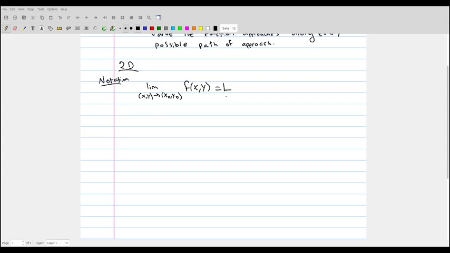And if the limit does not exist, we just say that the limit does not exist, or DNE. And just like for single variable functions, the limit may or may not exist for any given multivariable function.